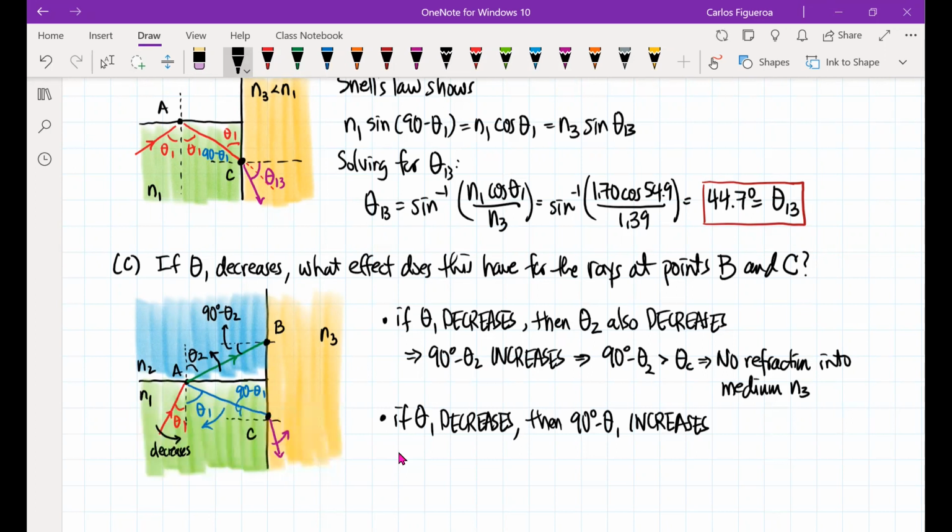And if it increases, you're going to find that no internal reflection will occur. And at some point, if theta 1 goes to 0, then it becomes incident perpendicular to the surface, and then it just goes straight through.